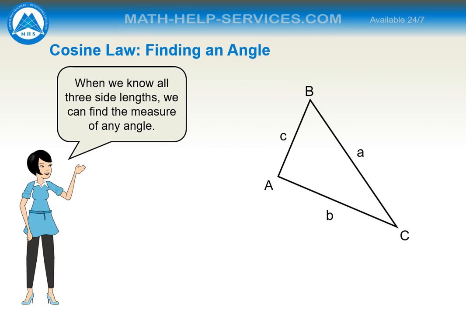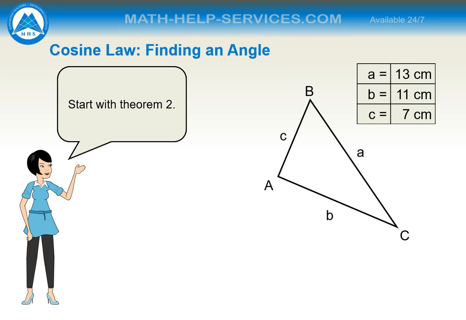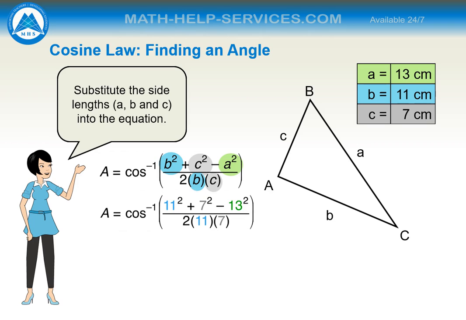When we know all three side lengths, we can find the measure of any angle. For instance, if these are the side lengths, let's start with Theorem 2. If we wanted to know what angle A was, we can substitute the side lengths for A, B, and C into the equation. Now we follow BIMDAS.